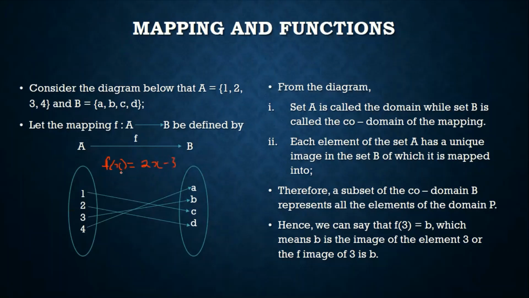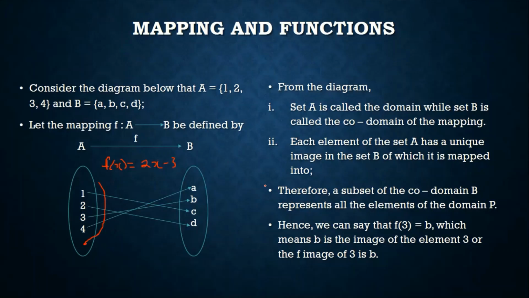So that formula, that equation, or that function in general, assigns elements from the domain to the codomain, and is called our function, while this representation itself is called the mapping. I'm sure we understand this simple explanation on mapping and functions.